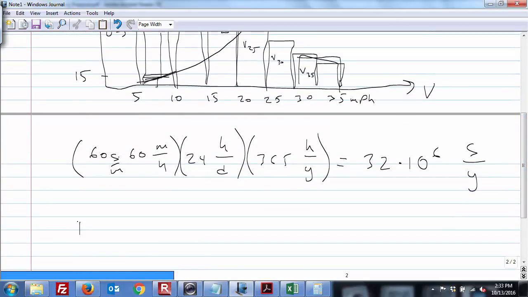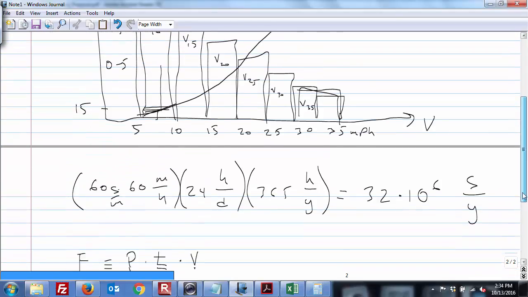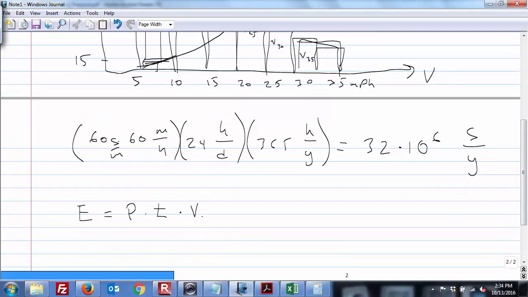So energy equals power times time times the fraction V10. Right? So, what's the power? 15 watts.